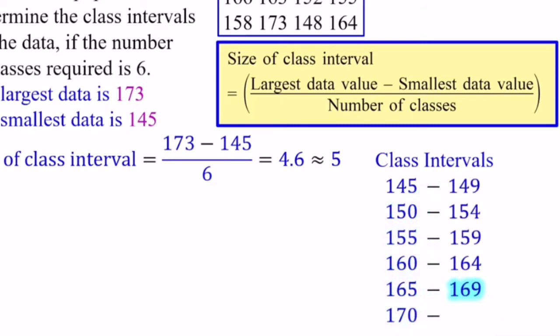All right. And the last one, you have to add on 169 plus 5, so you get 174. So 174 is the upper limit for the last class interval. Okay, understand? I hope you understood.